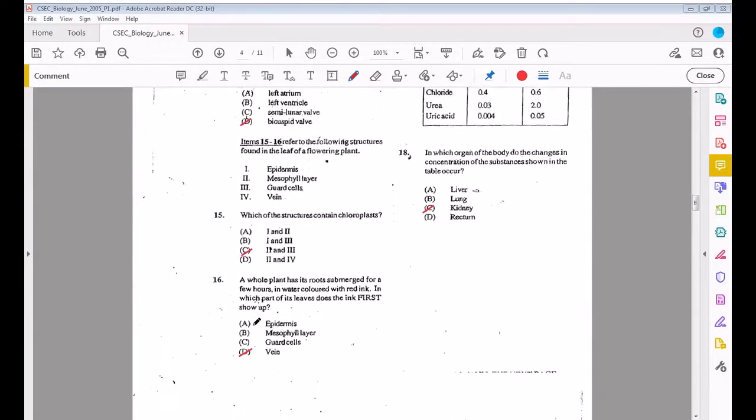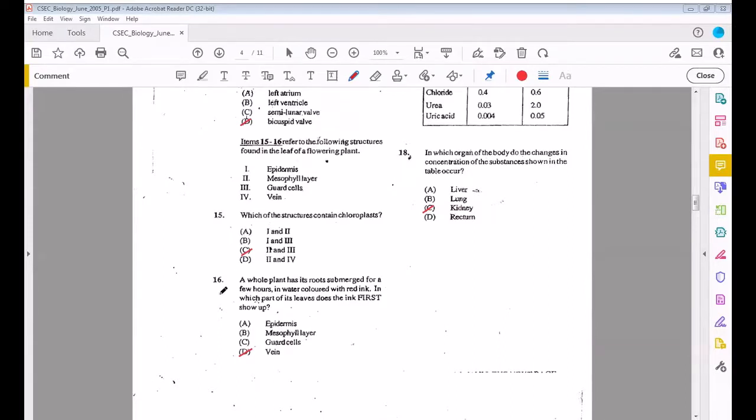15 to 16 refers to the following structures found in the leaf of a flowering plant. So, the epidermis, the mesophyll layer, guard cells, and the vein. So which of these structures contain chloroplasts? That would be 2 and 3, which is the mesophyll layer and the guard cells.